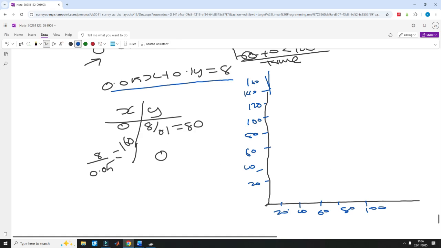First plot is 0 comma 80. That should be around this region, isn't it? Yes, 0 comma 80. And then 120, 140, 160. So 160 comma 0, that's this point. So connect these two points.